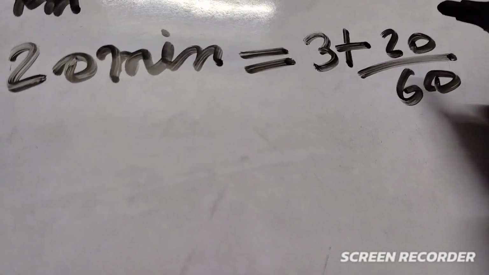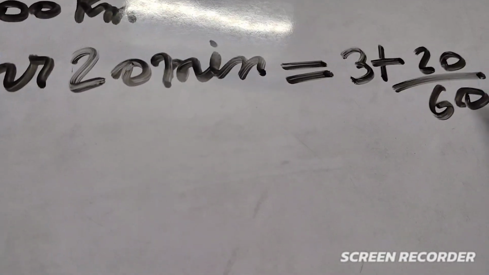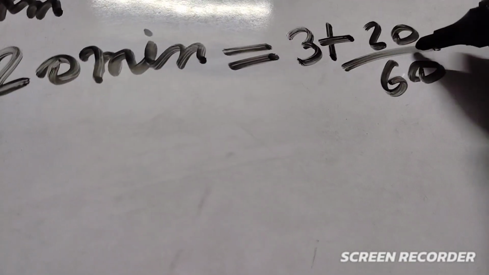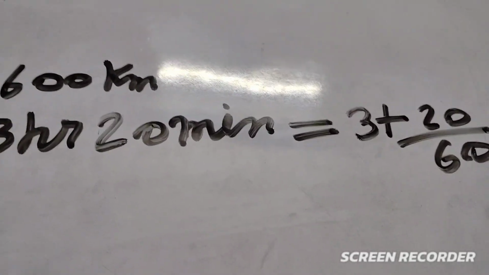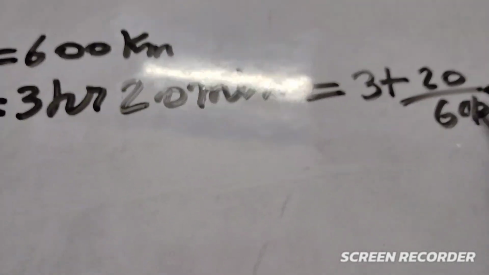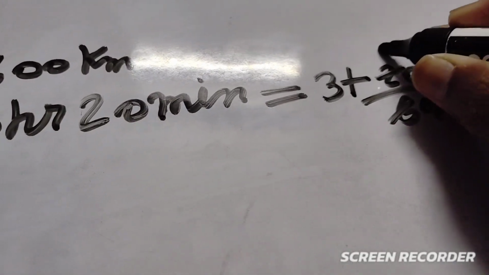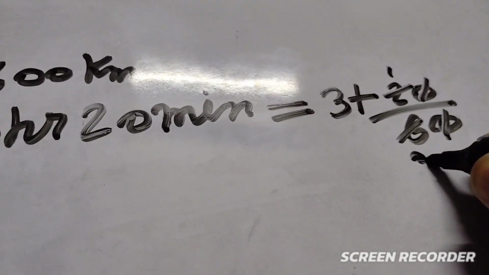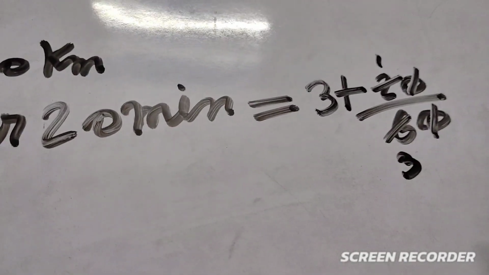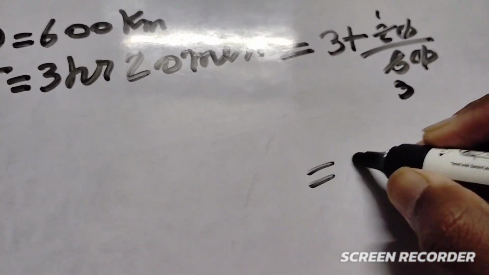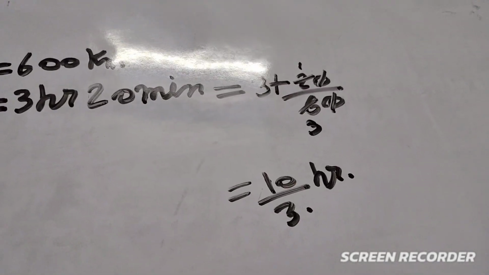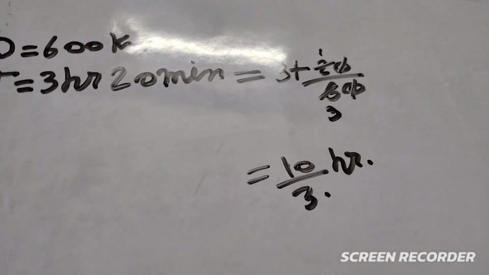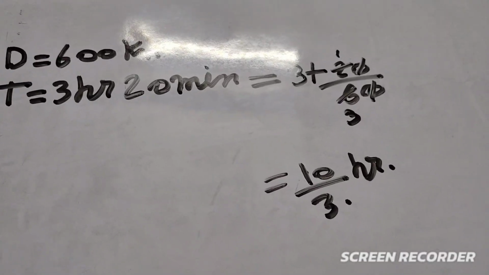Because to convert this into hour, 1 minute equals 1 upon 60 hour. So the zeros cut, 6 into 3 is 20, 3 plus 1 upon 3 equals 10 upon 3 hour. That's a simplification method. We have to do it like this.